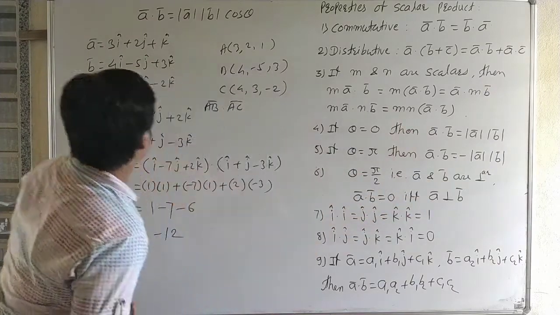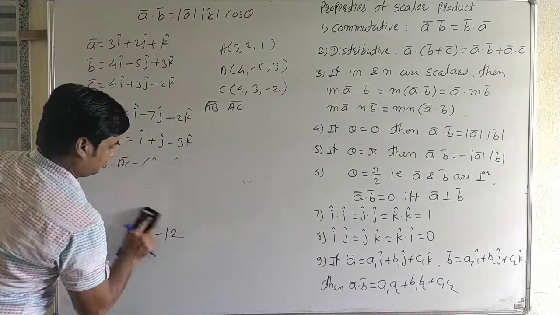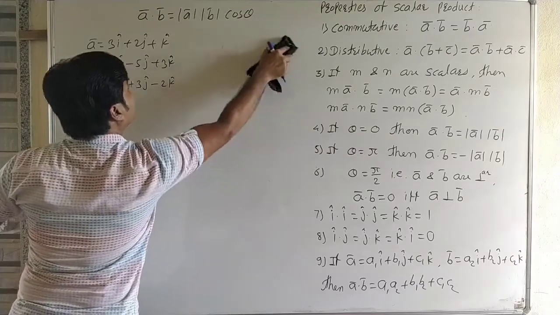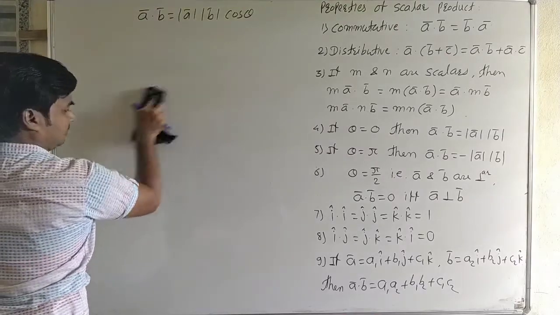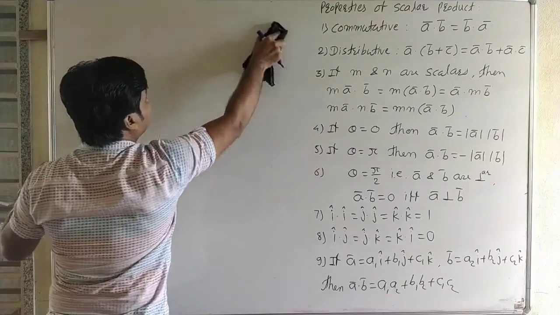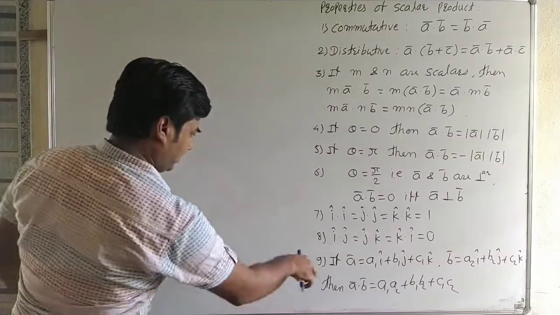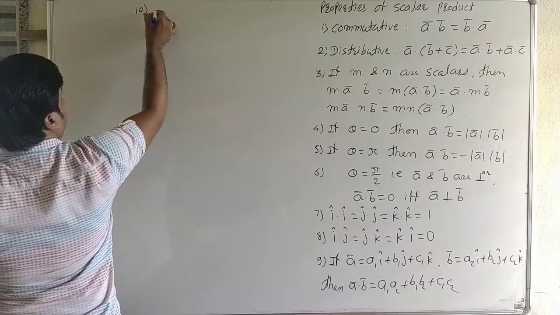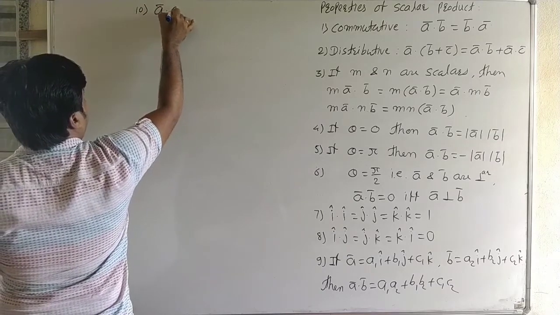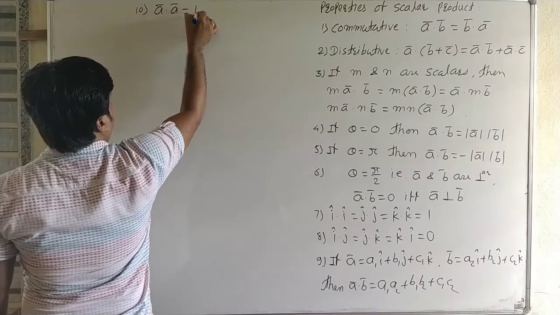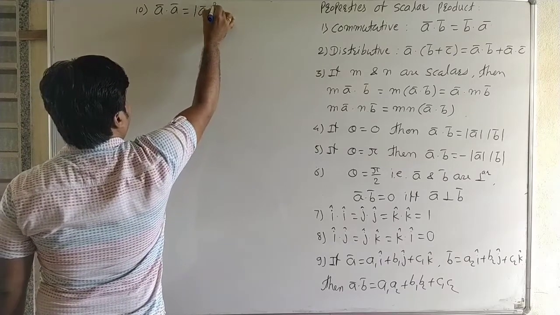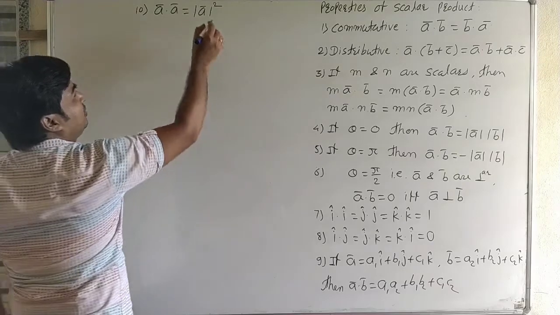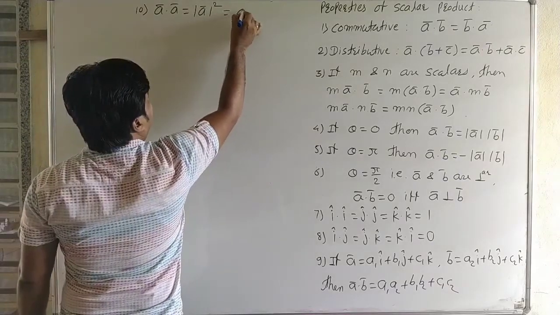Okay, now we see the next property. Here it is number 10. A bar dot A bar is equal to the magnitude of A bar square, and simply we can write A square.